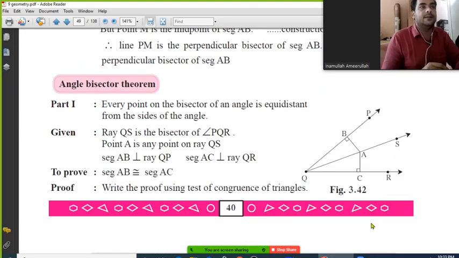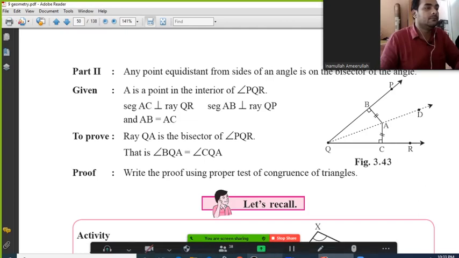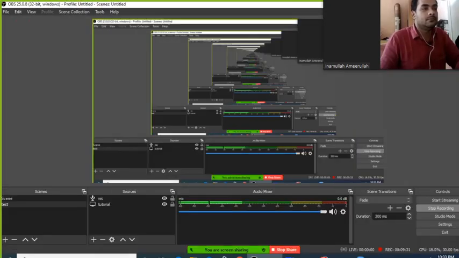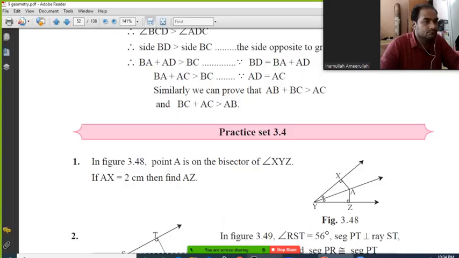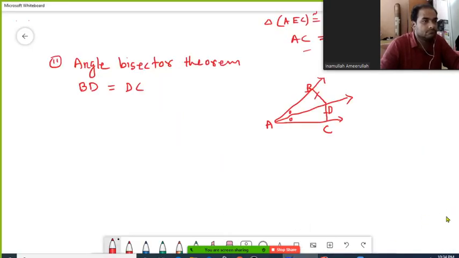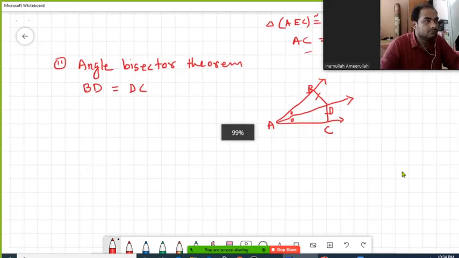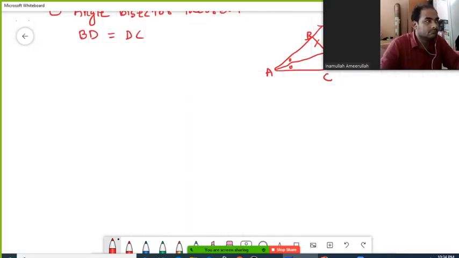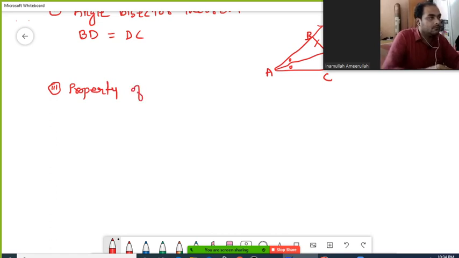The next theorem, third one, property of inequality in a triangle.